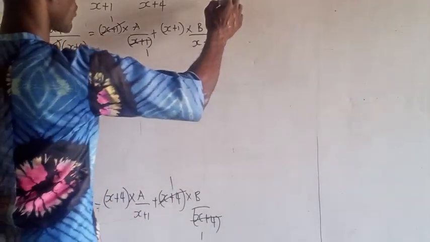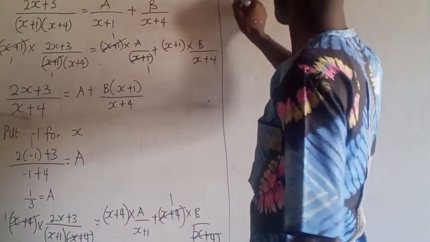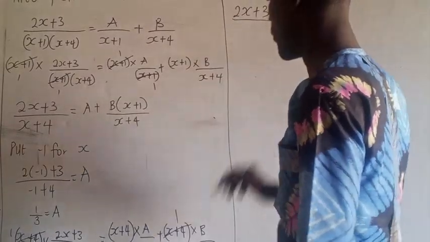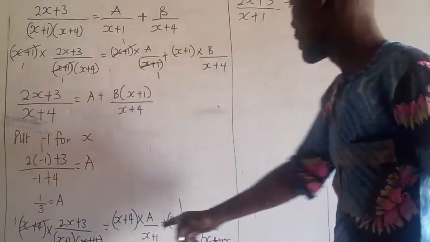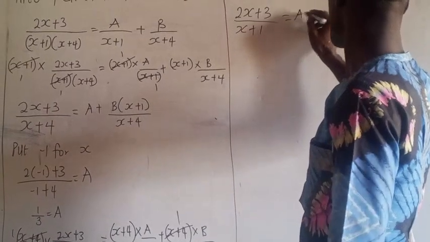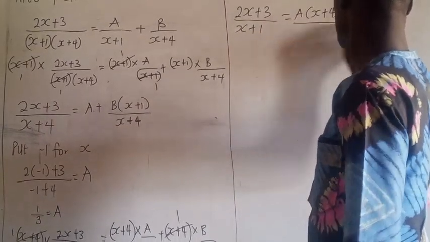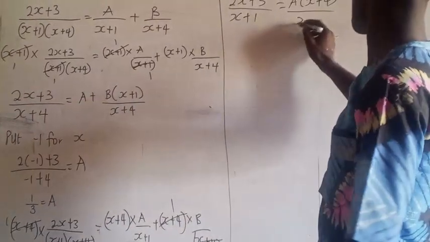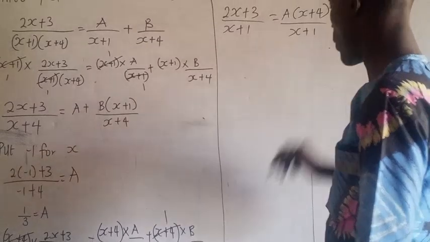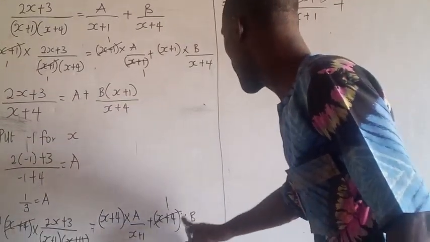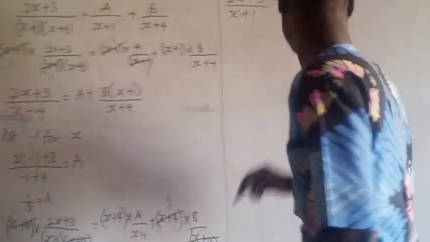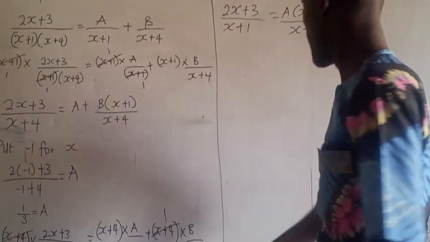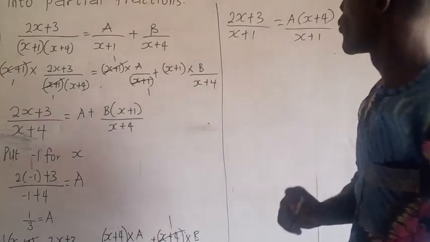We'll be left with (2x + 3) over (x + 1) equals A into brackets (x + 4) over (x + 1), plus, here we have 1 times B, that is B. Don't forget the same thing we did here.